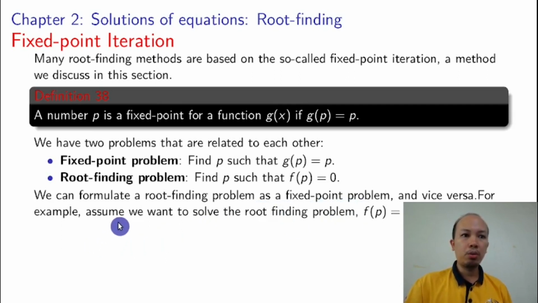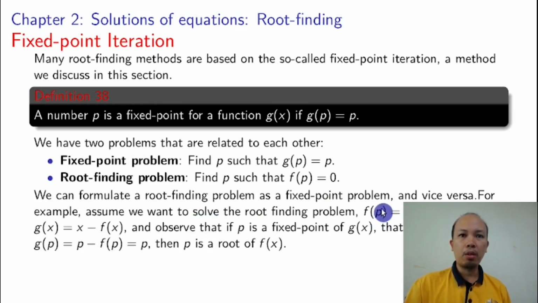For example, we assume we want to solve the root finding f of p is equal to 0. So our p here is a root. Define g of x is equal to x minus f of x. So our g here is our function g in definition 38, and we write it in this form, x minus f of x. And observe that if p is a fixed point of g, then if you substitute our p here, we have g of p is equal to p, and we know that f of p is 0, so p minus 0 is p.